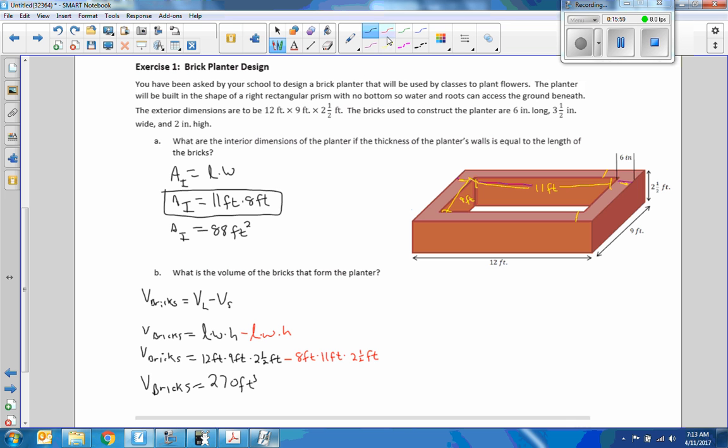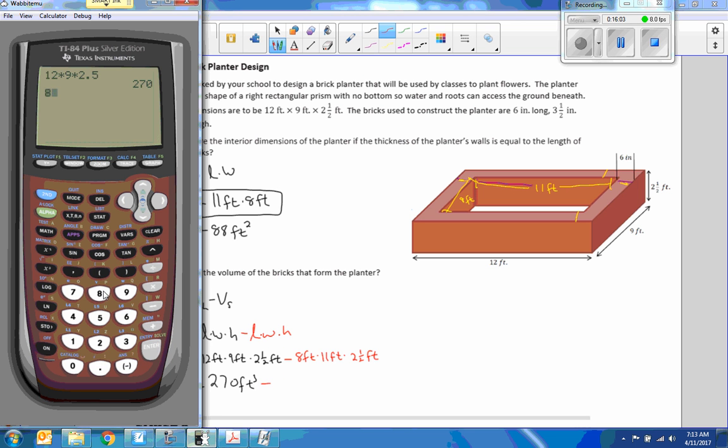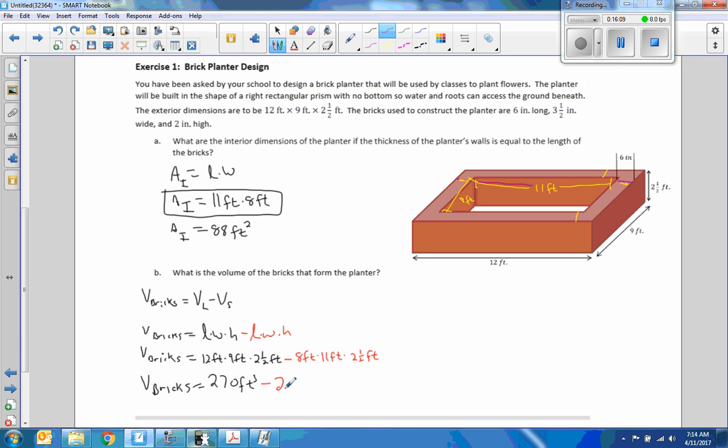And now we're going to subtract 8 times 11 times 2 1/2, and that is 220 cubic feet. Okay, so finally, the volume of the bricks equals 270 minus 220, or 50 cubic feet.